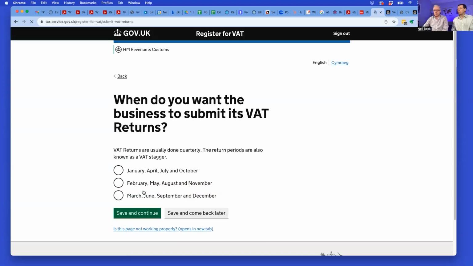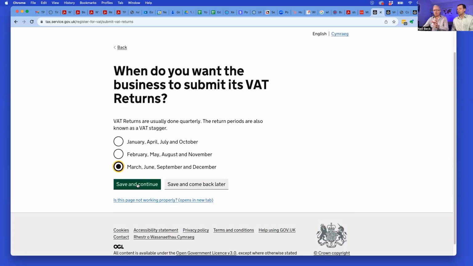Let's see what happens when we click here. So it then asks you when do you want them to be. So we're going to say March, June, so that it ties in with your year end. It makes your accounting a little bit easier. And your accountant, if you've got one, will thank you for that, because otherwise there's an extra reconciliation.